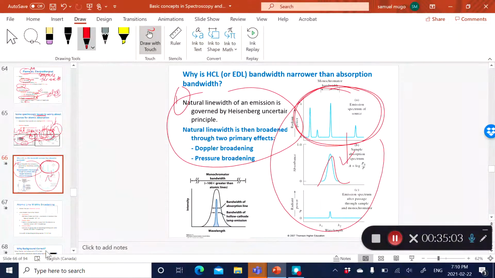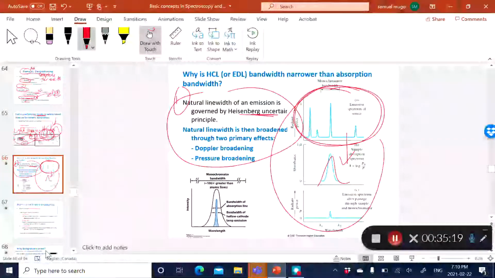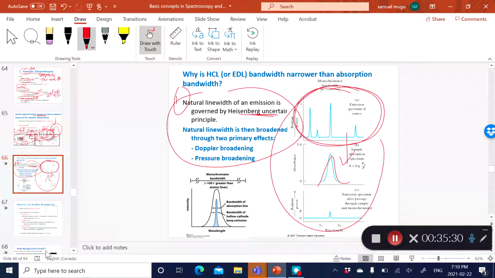Now, one factor is what you refer to as the Heisenberg uncertainty principle, meaning that it's fairly difficult to determine the position of an electron as it's transitioning from an excited state to the ground state. So you cannot really determine the exact position of an electron.